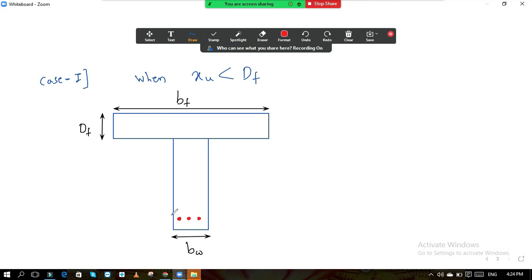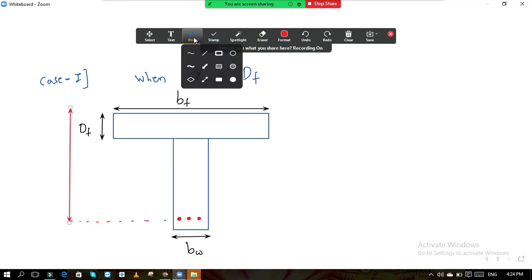That will be your effective depth D. Okay, effective depth, I will draw it once again. What is the effective depth? This will be your effective depth D. Now see here, XU is less than DF.